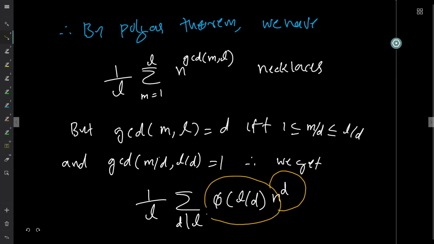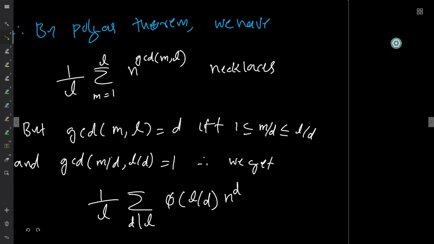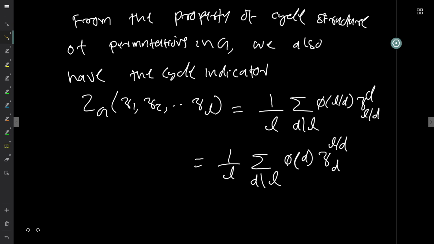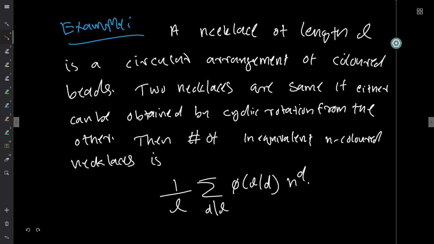It appears exactly phi of L by D times, because that many numbers will be coprime to D. So we can write this in this form, and this is what we were asked to prove.